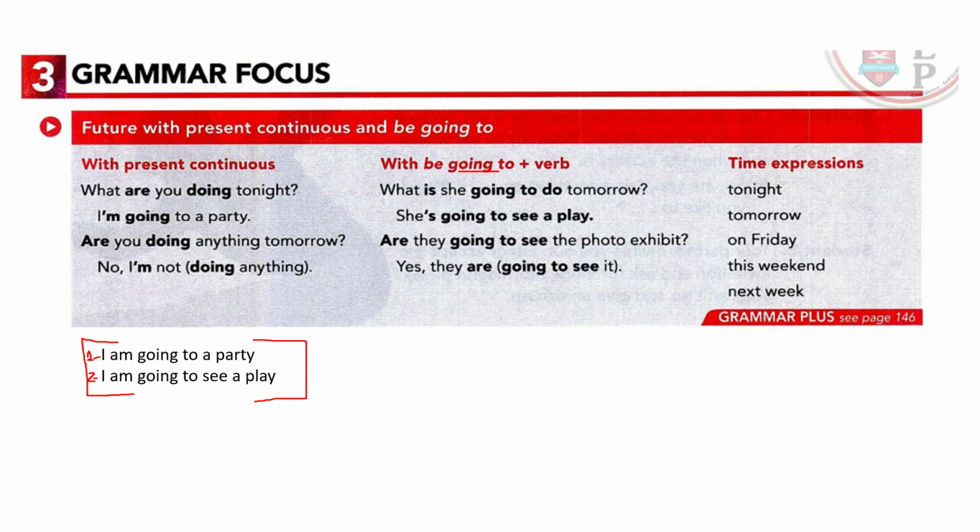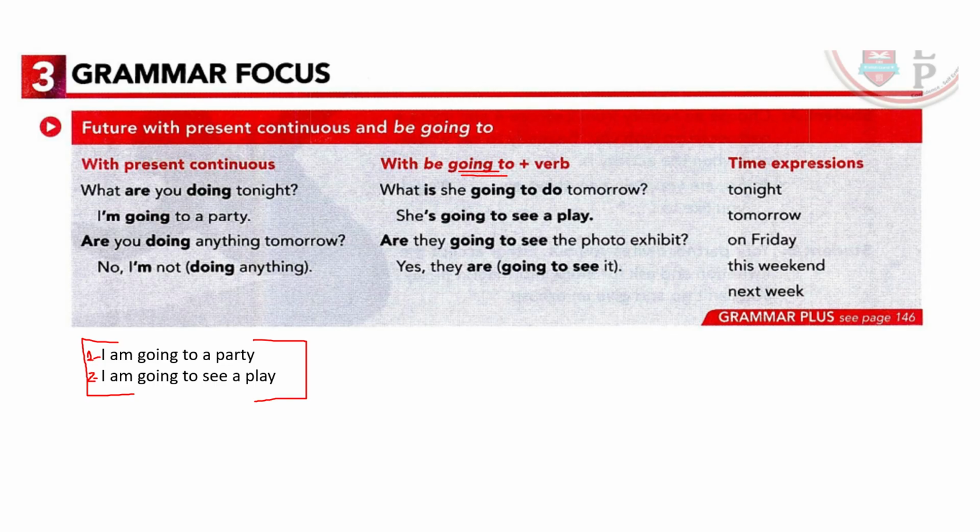Teacher, please repeat. Okay, so here we have two sentences, right? "I am going to a party" and "I am going to see a play." One of these sentences is in present continuous, and the other is using going to in the future tense. Which one is in present continuous and which one is using going to? Tell me, Joangel.